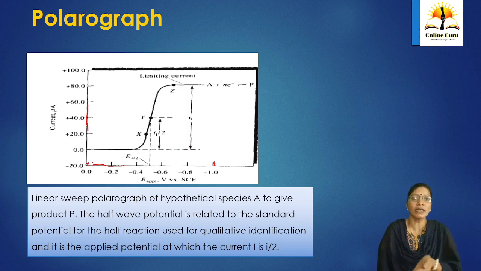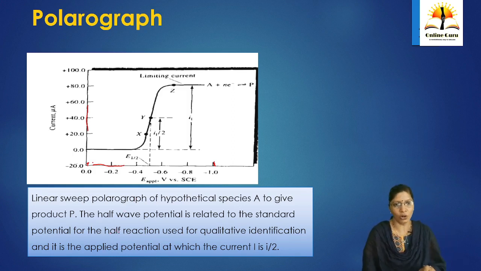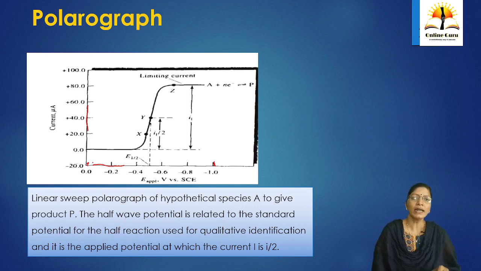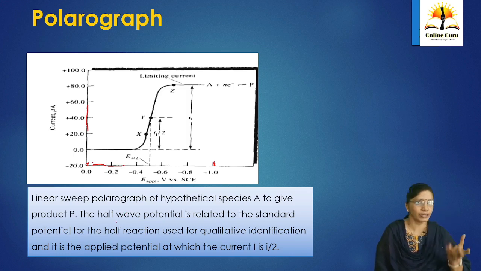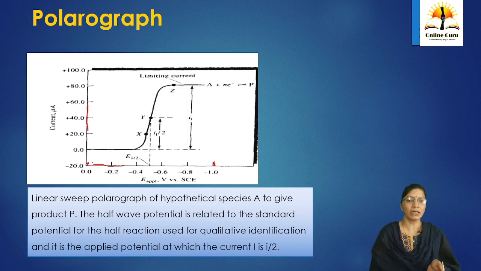Initially, the supporting electrolyte is going to carry the initial current, which is called the residual current. This initial current is carried by the supporting electrolyte in the solution until the decomposition potential of the analyte is reached. Decomposition of the metal cation, in this picture, starts taking place at minus 0.4 volt.